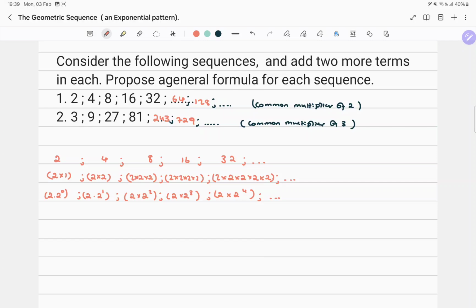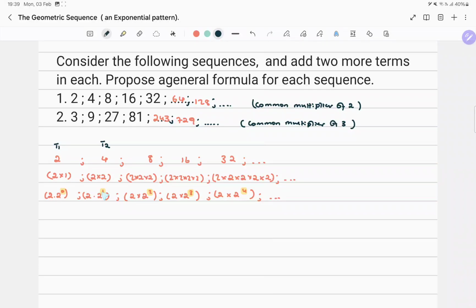Okay. So what do we learn from this? Well, we can see that if we're looking at these exponents, they're increasing by 1 every time. And as they increase by 1, in terms of the terms, look, this was term 1. This is 1 less than the position.